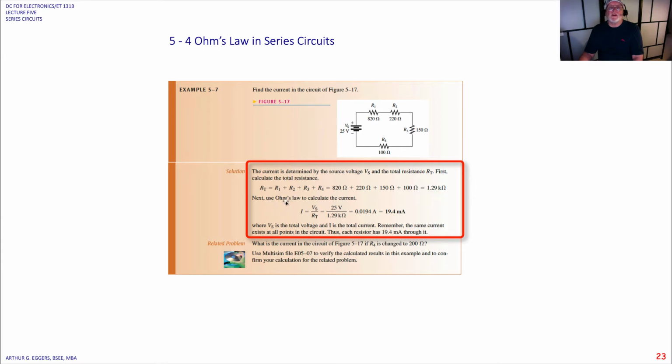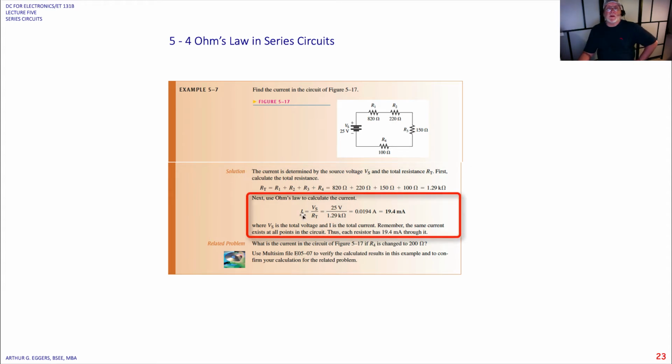Next, we can use Ohm's law to calculate the current, because notice the current isn't given here. We're given the source. We now have calculated the total resistance. Now that we have the total resistance, we can put the values back into the quotient, V source divided by R total, 25 divided by 1.29 k ohms, and once we adjust for metrics, we get 19.4 milliamps of current.